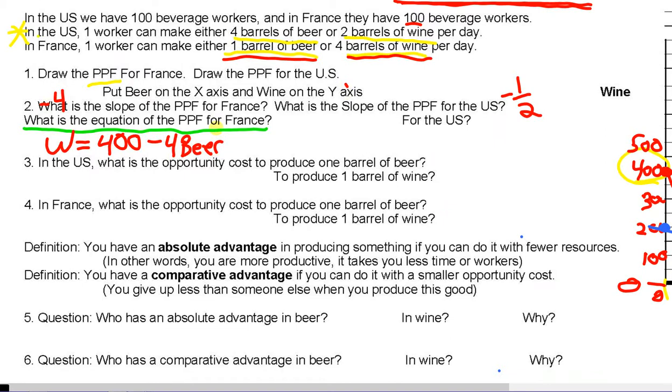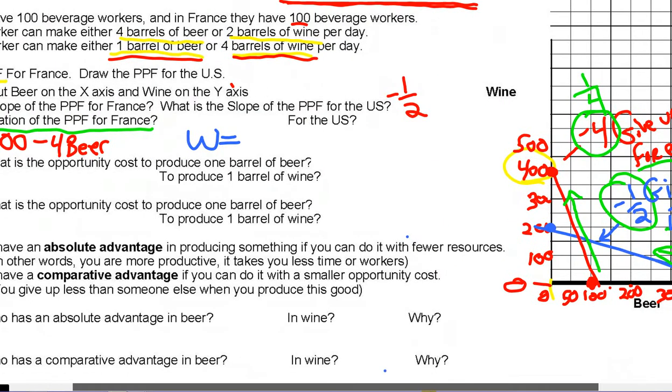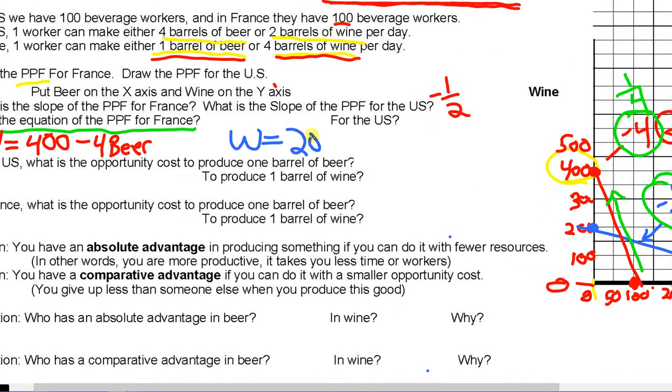What about the United States? Well, for the United States, the amount of wine they can produce is equal to, let's look at the y-intercept over here, 200 minus 1/2 times the amount of beer that they produce. And so you can see that opportunity cost in the relationship here.